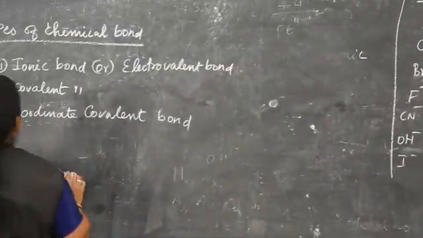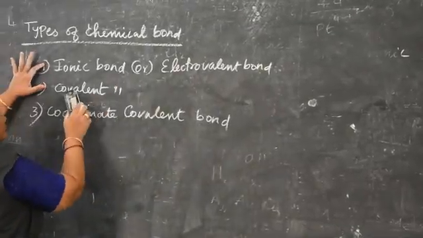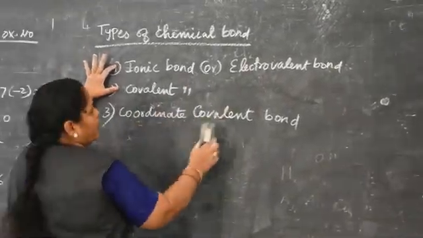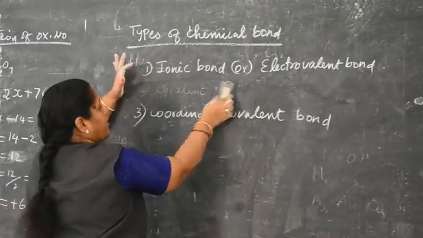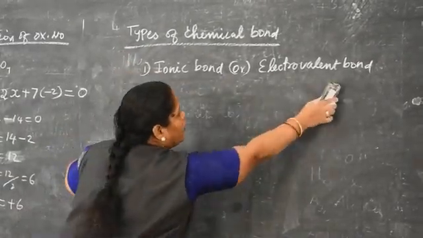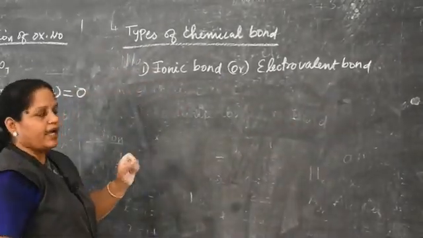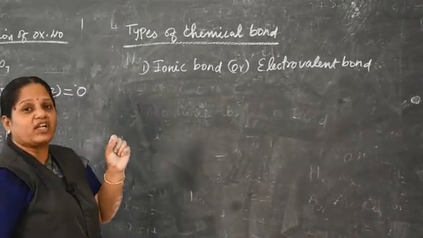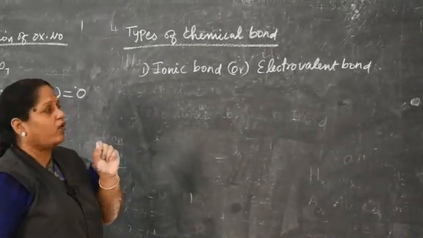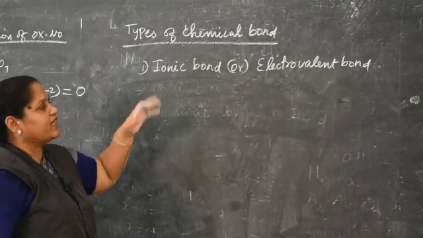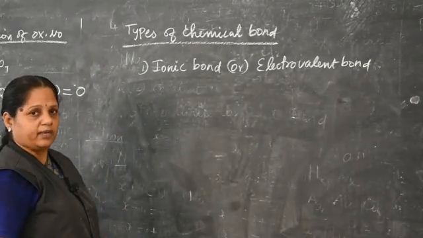So, the three types of bond: ionic bond, covalent bond, coordinate covalent bond. Why is ionic bond called electrovalent bond? Because the valence electrons take part in bond formation. That's why these are called electrovalent bonds.